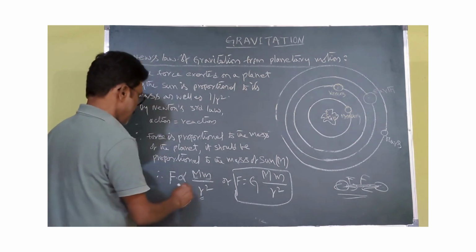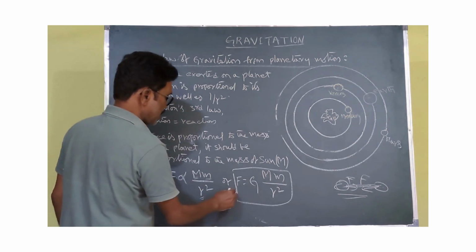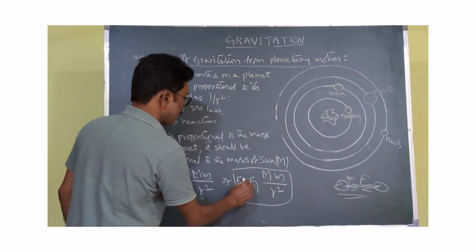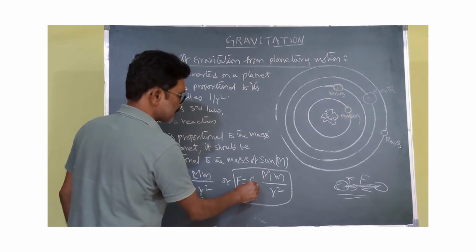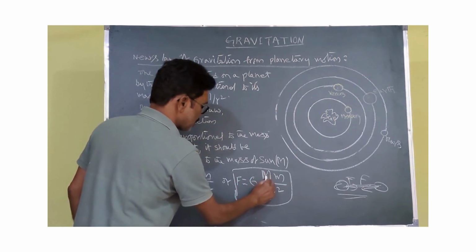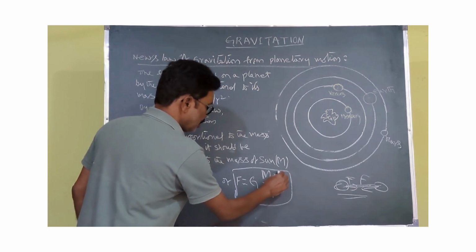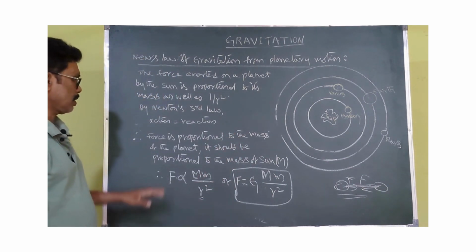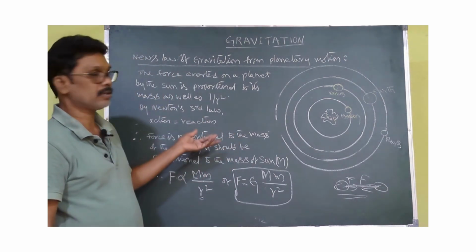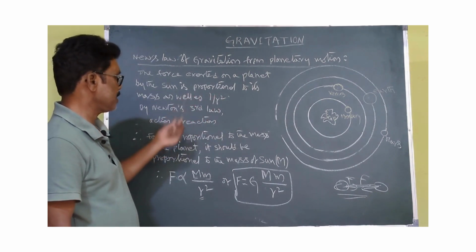So therefore this equation is rearranged: F equal to G, the constant of gravitation, into the mass of the Sun into the mass of the planet, divided by r square. Like this, we can calculate the force between any two planets.